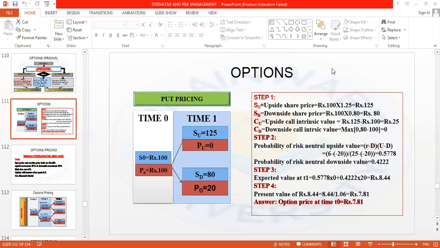Now look at the tree again. At time 0, we have assumed that the spot price of the underlying share is 100 and exercise price of the underlying share in my put option is also 100. That means after 1 year, if I wish, I can sell one share in the derivative market at rupees 100.